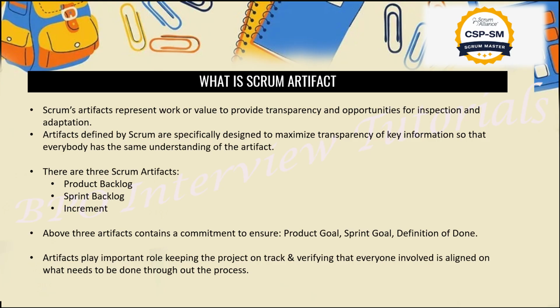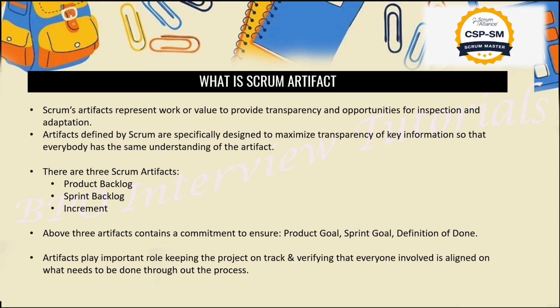What is a Scrum Artifact? Basically, a Scrum Artifact is a transparency, or an opportunity that will help all the related stakeholders, product owner, developer, Scrum team, everyone, to have all the details handy. Everyone has transparency about the work: what needs to be done, how it needs to be done, and why it needs to be done on a priority basis.